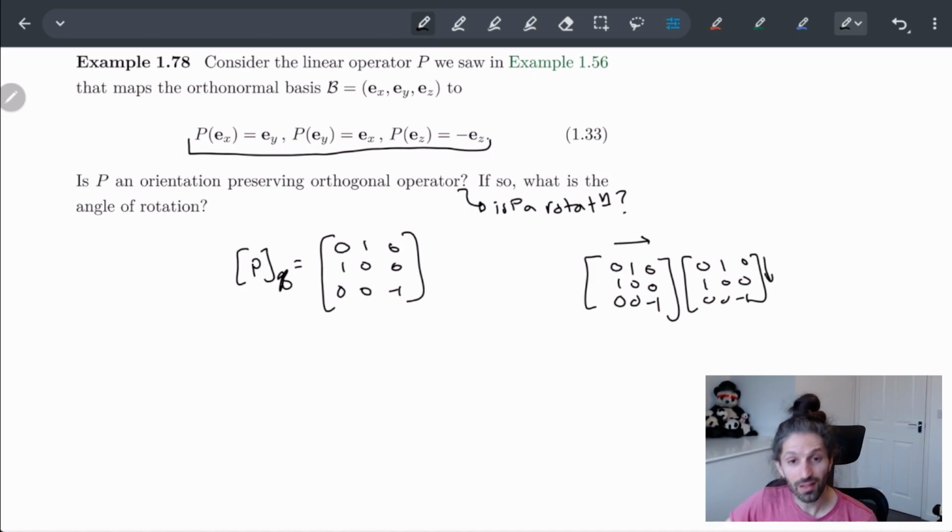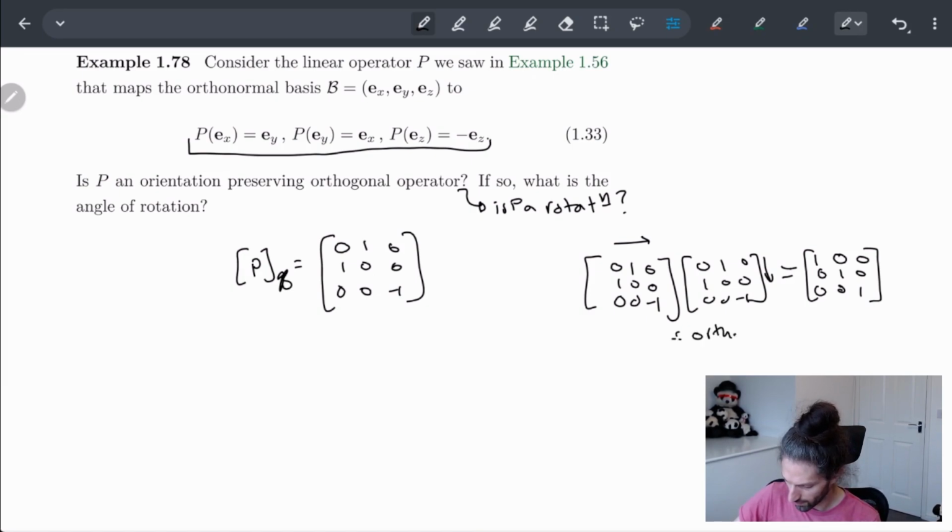Here we have 0, 1, 0, so the top left is going to be 1. Then we get 0 and 0. Then I get 0, 1, 0. And then I get 0, 0, and then -1 times -1 is 1. So I do get the identity, so it is orthogonal.